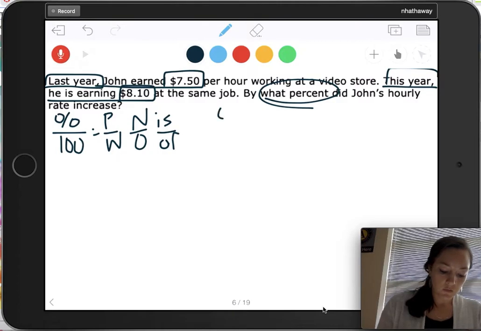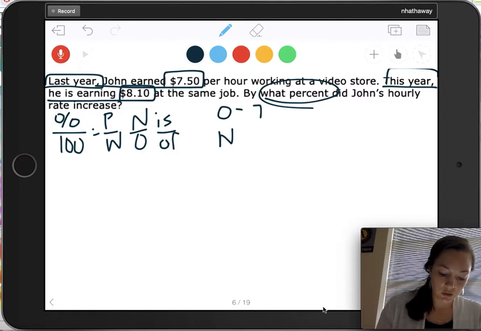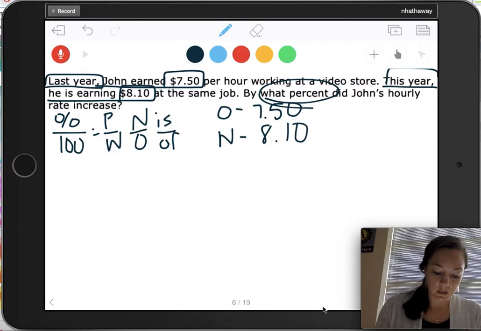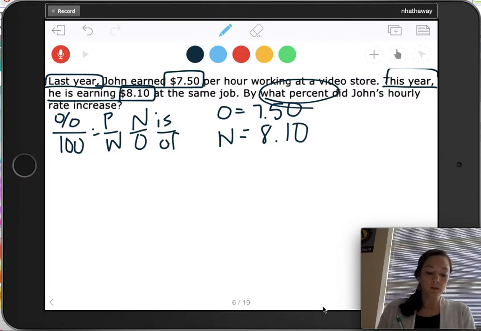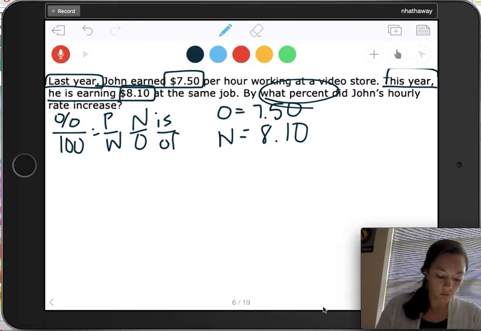Now, we need to figure out our original and our new. Which one is the original? It's always going to be the older one. So, last year's $7.50. The new value is our $8.10. All right, we've got that. And we were trying to find the percent. Great.